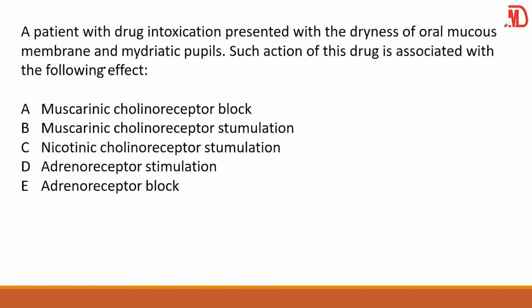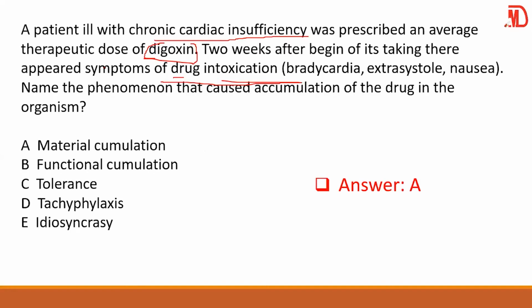Okay. So for the sake of those who are new and didn't know, I'll go back and explain the difference between material cumulation and functional cumulation. Like I said, material cumulation is when the drug has affinity for proteins, so the drug is attached to the proteins.